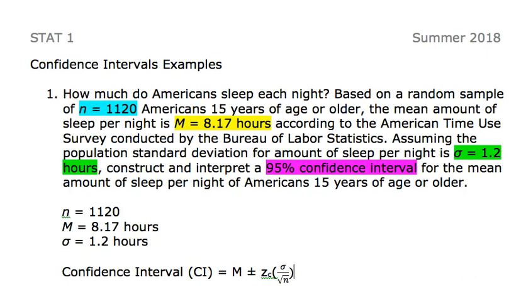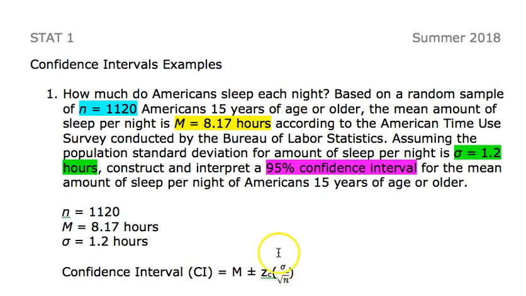So right here is the confidence interval formula. CI for short, equal to sample mean plus or minus z critical value times sigma divided by the square root of n.